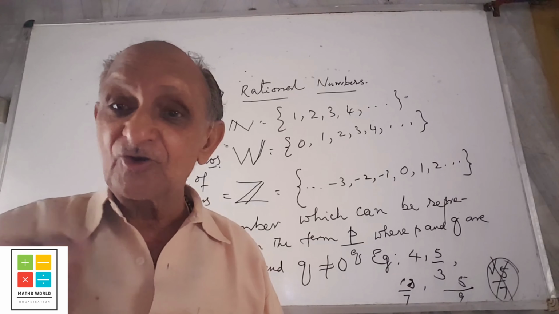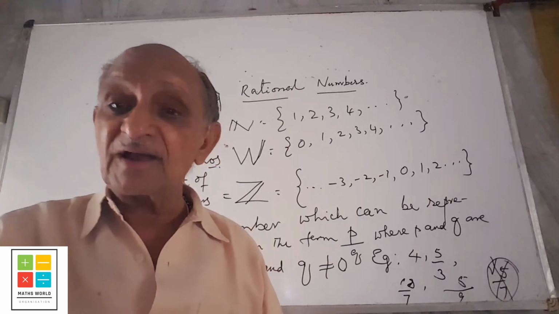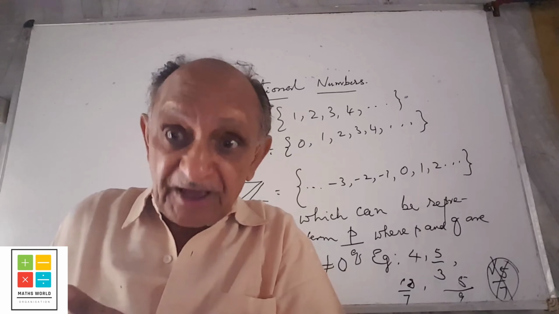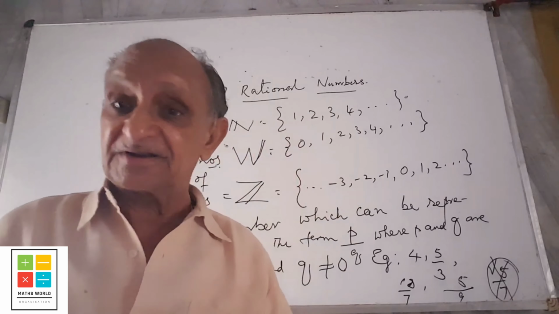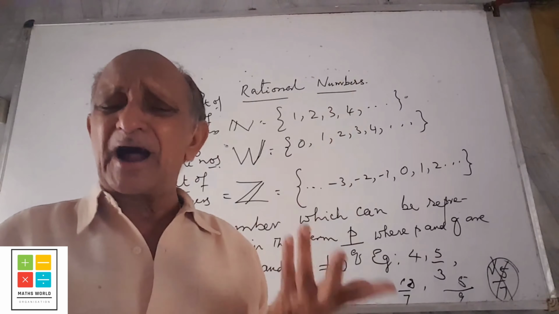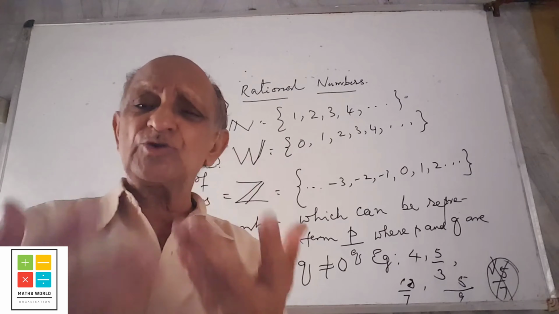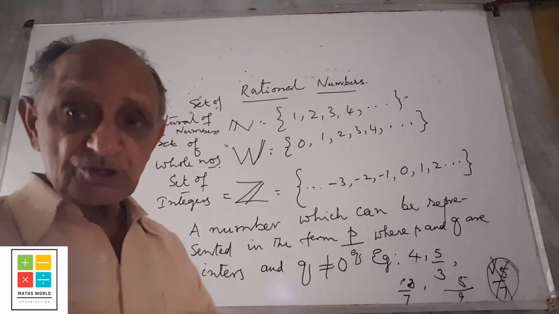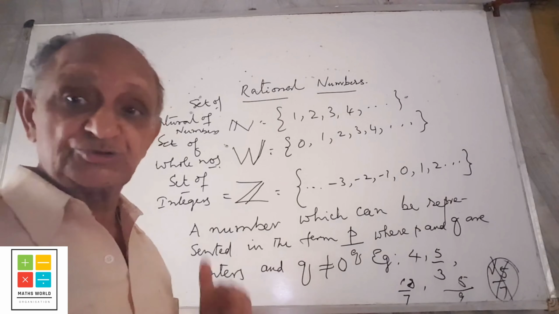Value has decreased. 1 by 1000 is .001. If the denominator goes on increasing like that to infinity, which is such a big value which you can't imagine, then the value will be automatically close to 0. So 1 over 0 is not defined. Therefore, 0 should not be there, the condition is Q is not equal to 0.